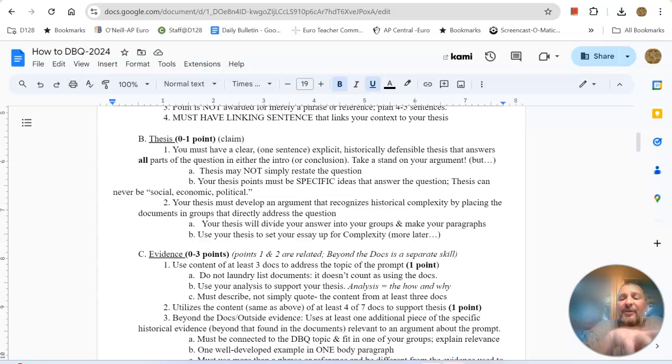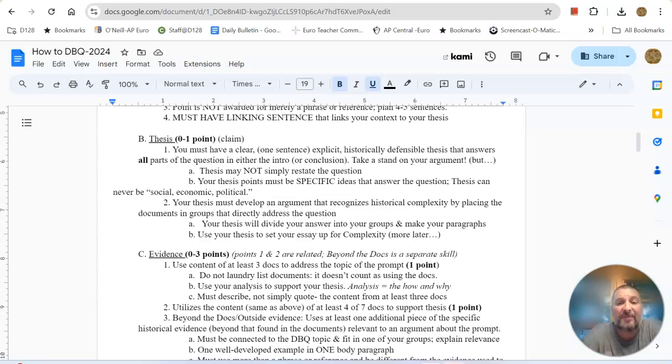Take a stand on your argument. If it asks you, was it this, or was it more political or more religious, or what was the most significant cause, you are going to take a stand and say, this was the most significant cause. It was more political. But then we're also going to save a place for us to answer it the rest of the way also. You cannot simply restate the question.